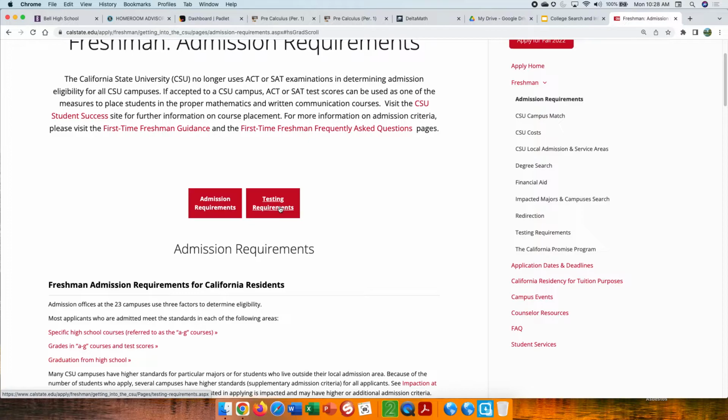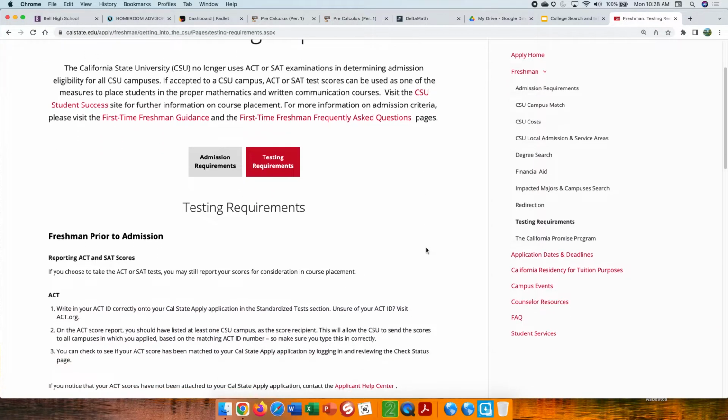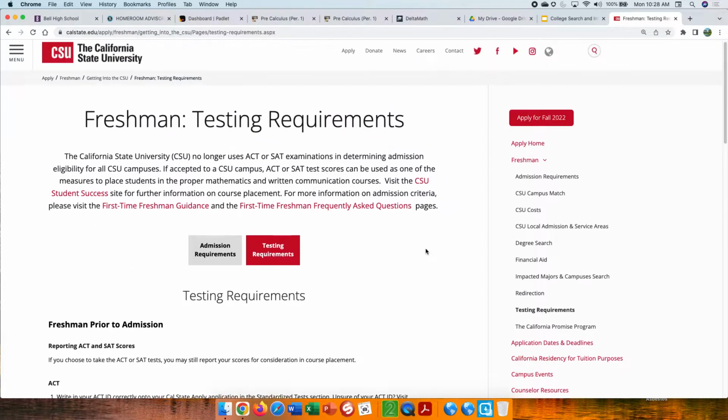Okay, now let's go to testing requirements. Go ahead and see what testing requirements are. What does it say right here on the top? The California State University no longer uses ACT or SAT. That was not true a couple of years back before COVID.